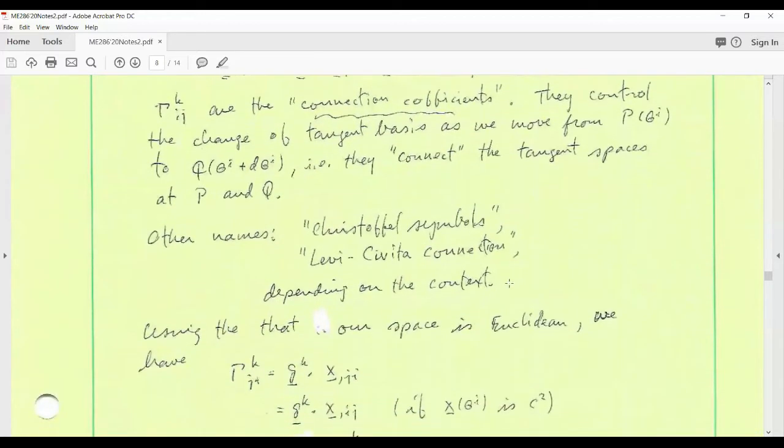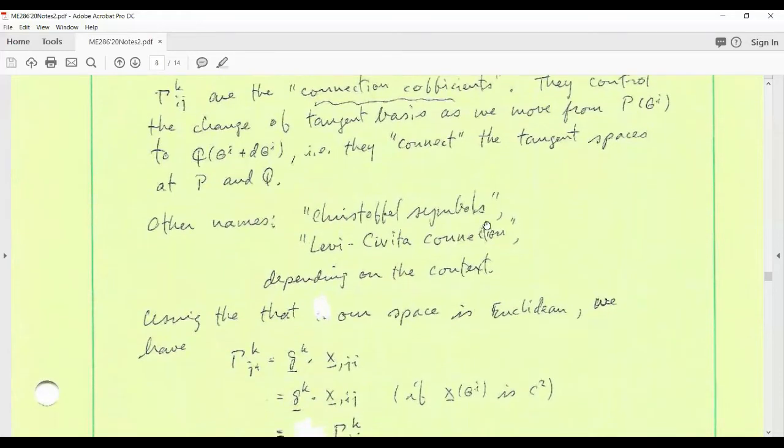You will encounter a number of different names for these coefficients, depending on the context. For example, Christoffel symbols, in honor of a German mathematician named Christoffel. And also, you'll see the name Levi-Civita connection coefficients.